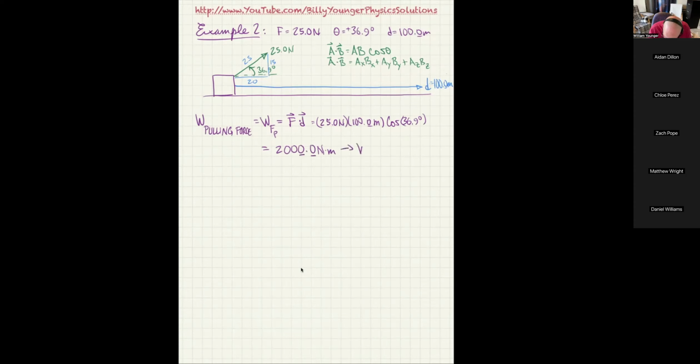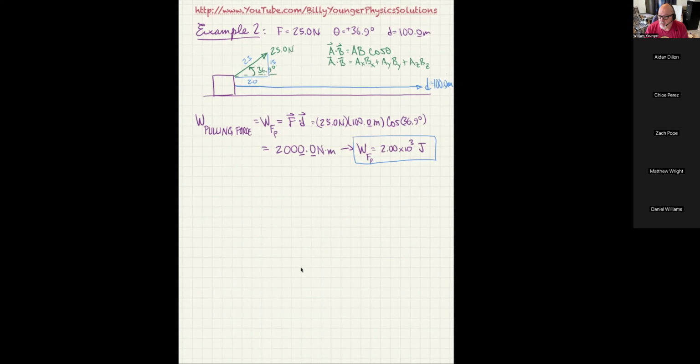So now I can say the work done by the pulling force, actually I didn't write that very well, the work done by the pulling force is equal to 2.00 times 10 to the third joules. So there's an example again of using a dot product.